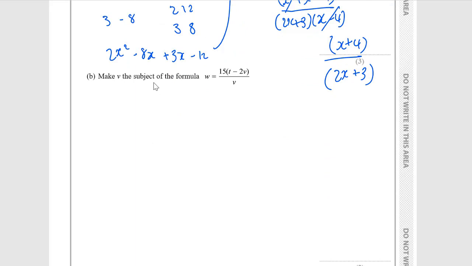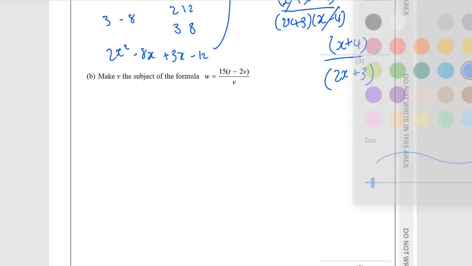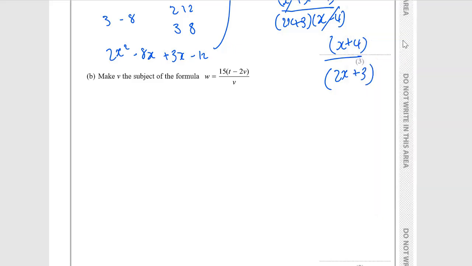So it says make v the subject of this formula. So it just requires some rearranging. So first thing is, let's write it out. So w equals 15t minus 2v over v. So first let's multiply by v. So we get wv equals 15t minus 2v.